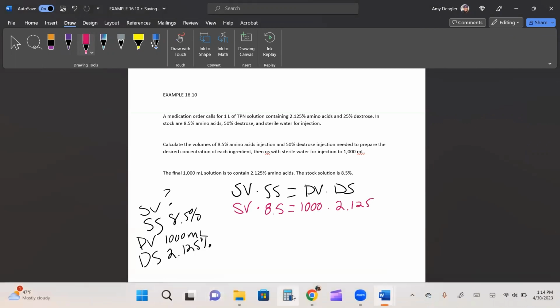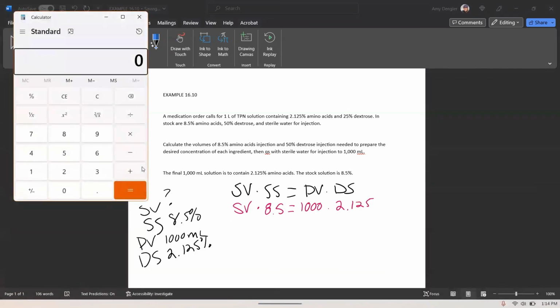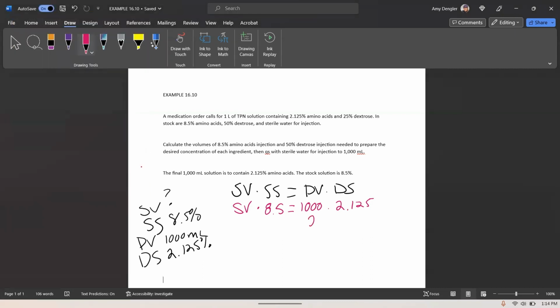All right, we need to take care of this side where I have 1,000 times 2.125, which is 2,125. Now I want to get SV alone, so I need to get rid of this 8.5.